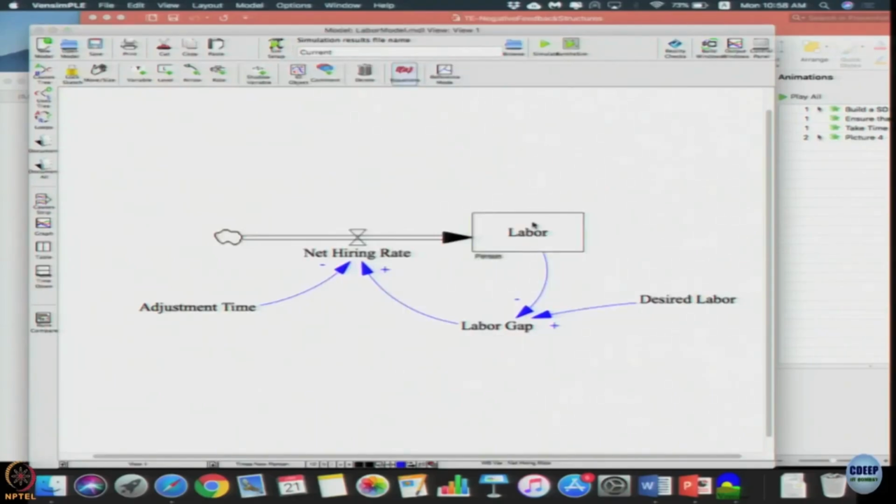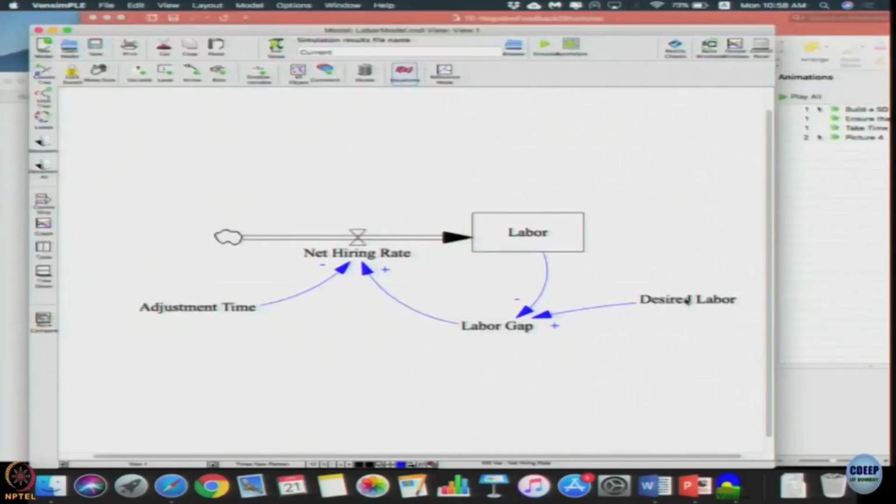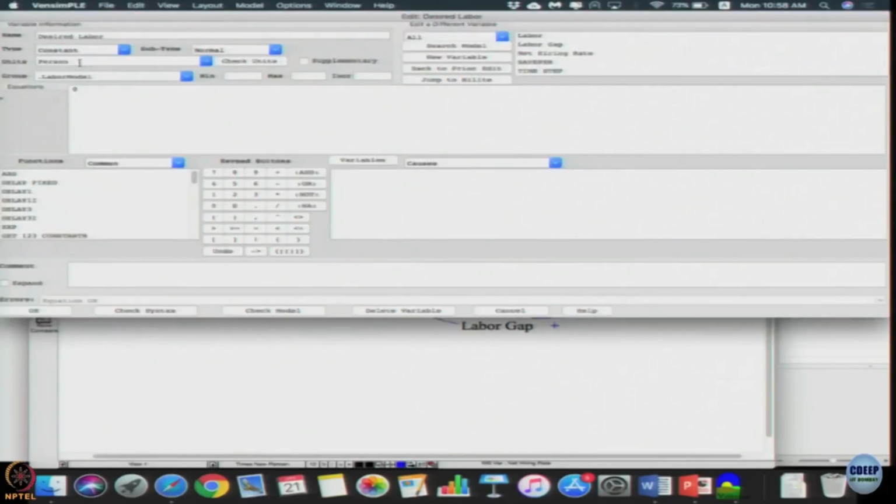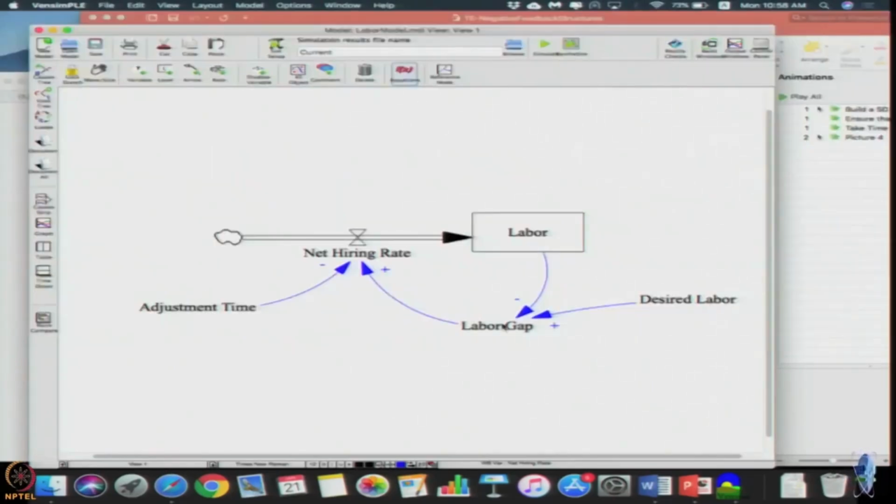So let us again take a look at labor. Labor: units is person, initial value is 0, net hiring rate says net hiring rate, we just leave it. Go to desired labor, units is person, equation 0, we click OK. Labor gap, units person, equation desired labor minus labor.